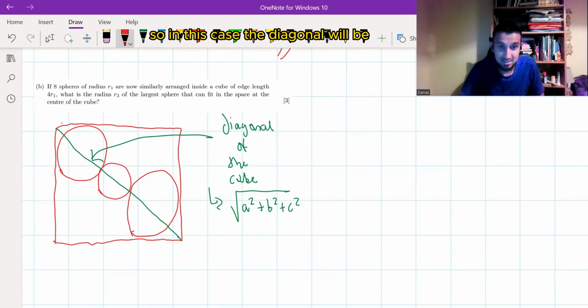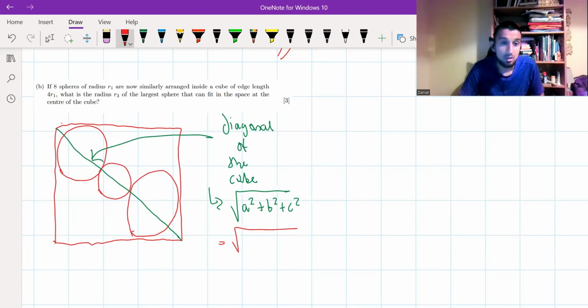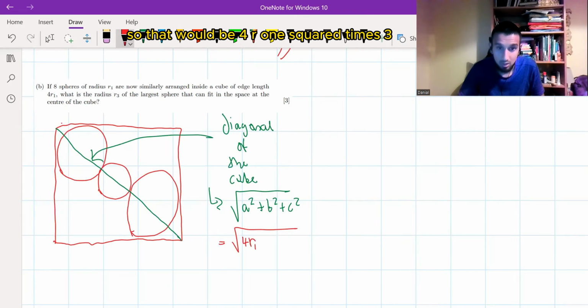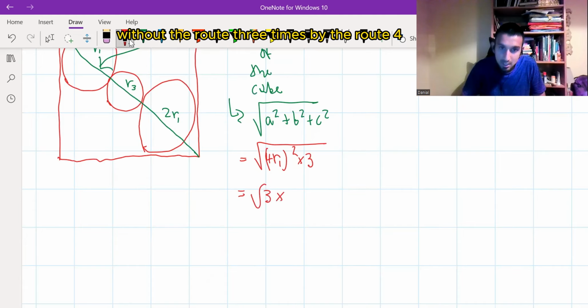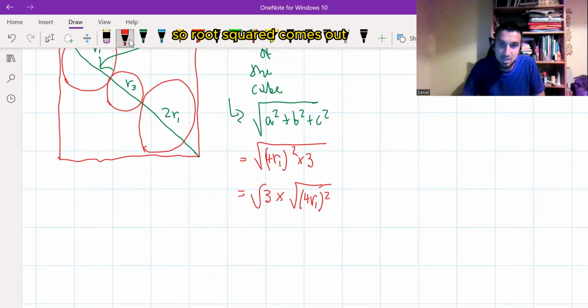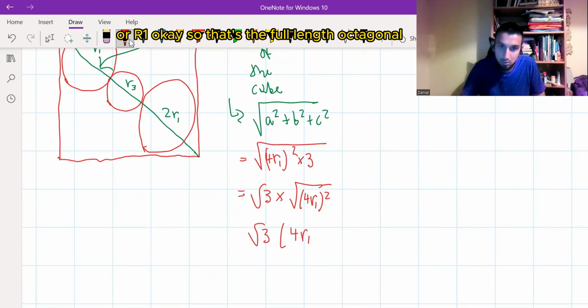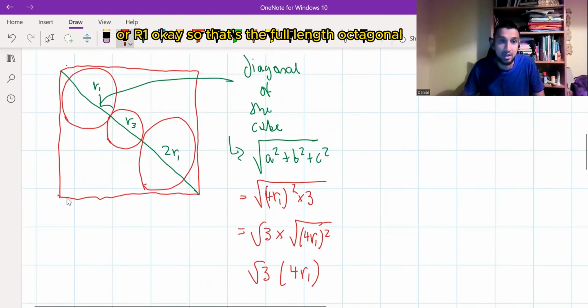So in this case, the edge length is 4R1, so the diagonal will be the root of 4R1 squared times 3. So the root 3 can come out, so that will be root 3 times root 4R1 squared. So the root and squared cancel out, so that will just be root 3 times 4R1. Okay, so that's the full length of the diagonal.